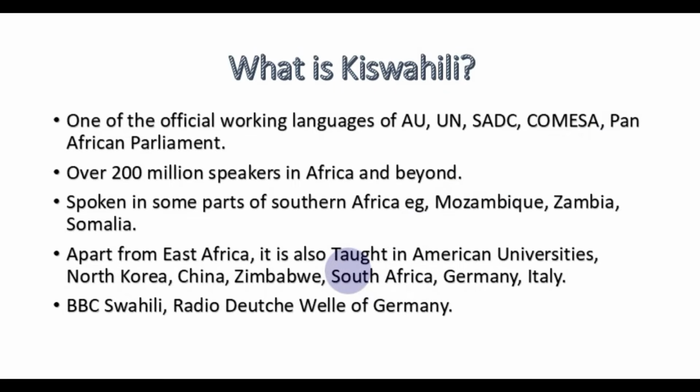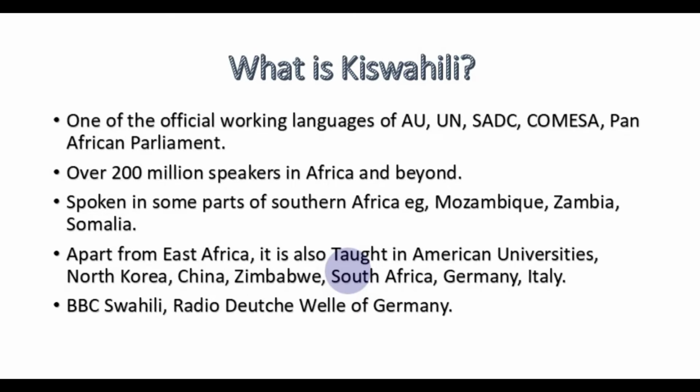And as of now, Kiswahili has an estimate of over 200 million speakers in Africa and beyond, that is, in the entire world. And in Africa alone, as of now, Kiswahili has an estimate of about 150 million speakers.